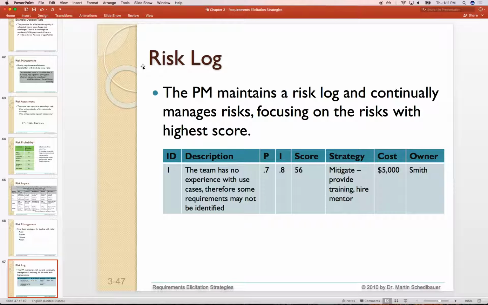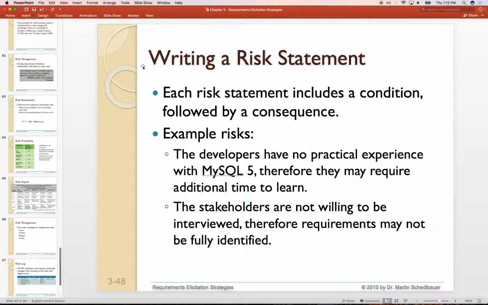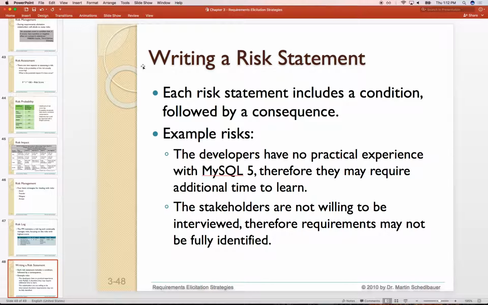And then what are we going to do about it? Some of them will say, okay, no one knows how to do use cases. Well, we're going to mitigate it. Everybody's going to go and train. We're going to hire some folks to come in and train the entire team to do that, and note whatever cost goes along with it, and who is responsible for actually implementing that. And again, we would have a list of these things.